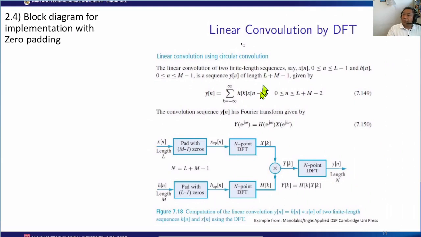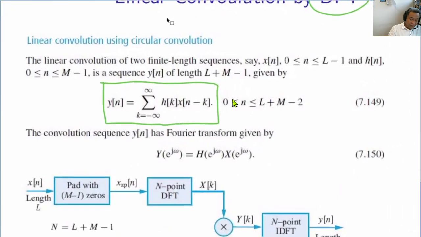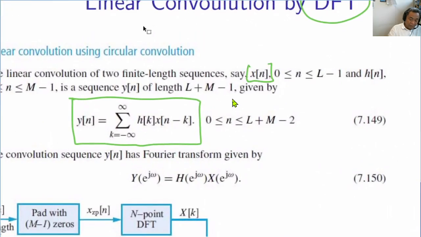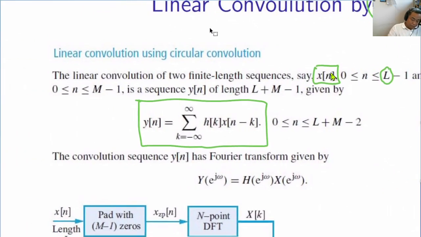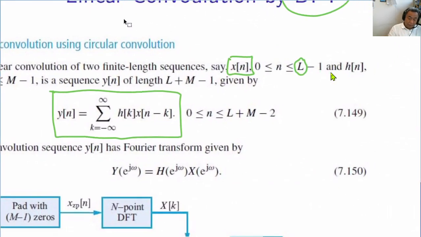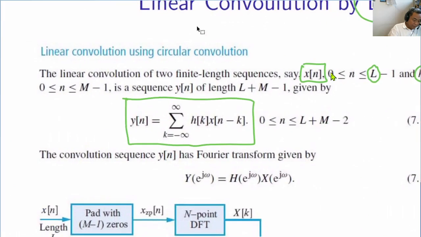So let's summarize. If we want to perform linear convolution with DFT, what must we do? First, let's discover the length of x of n. Let's say its length is L, because it's from 0 to L minus 1. And the length of h of n is M. So they are of different length.